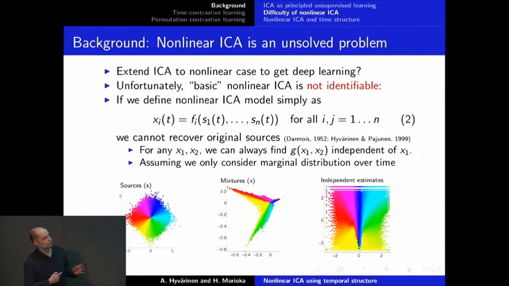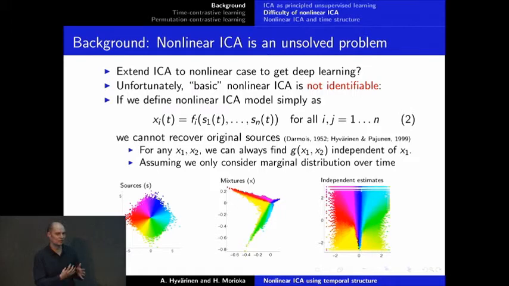Now, one way of understanding this result is that if you have two random variables, x1 and x2, then you can always find a function g of x1 and x2 so that it is independent of one of the variables, x1. So basically you can choose any of your observed variables and you can always find something that's independent of it.